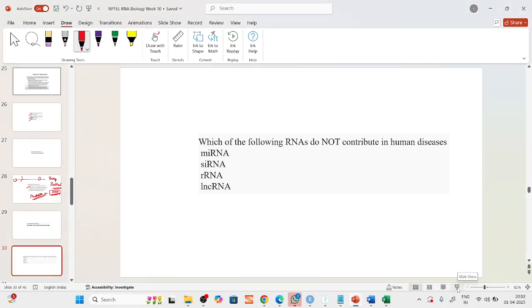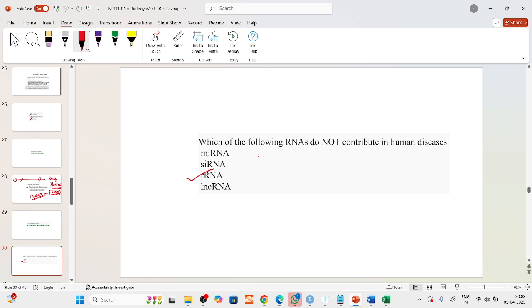So the question is, which of the following RNAs do not contribute in human diseases? The correct answer is ribosomal RNA, because ribosomal RNA is involved in protein synthesis, and it is not directly known to play a role in any disease mechanism.